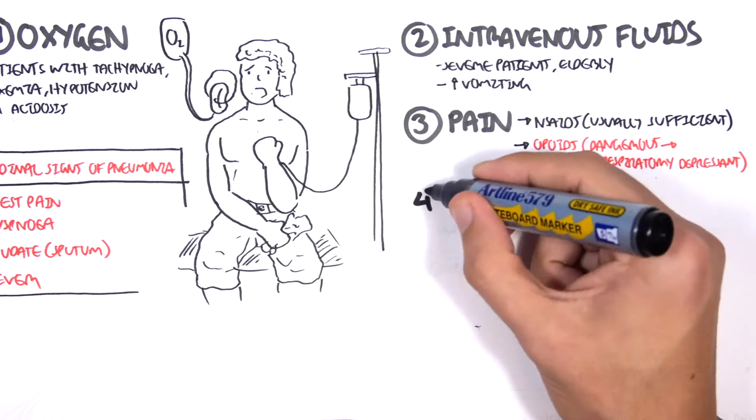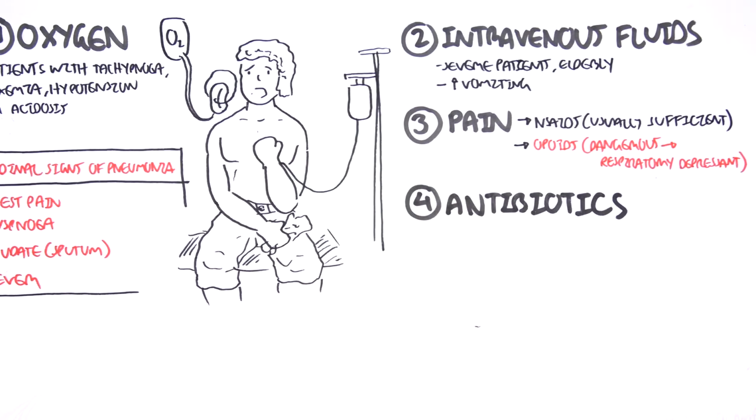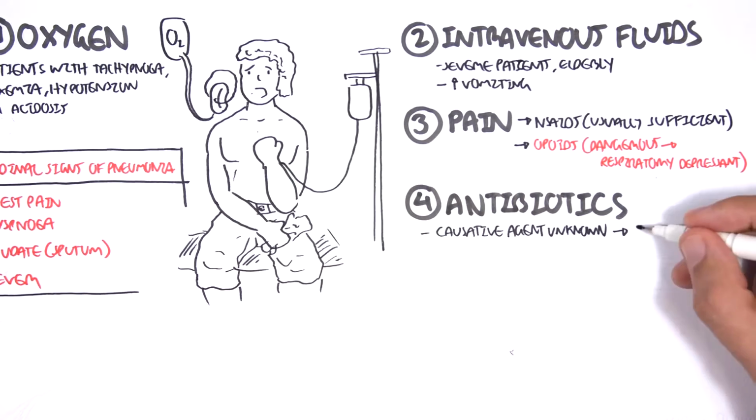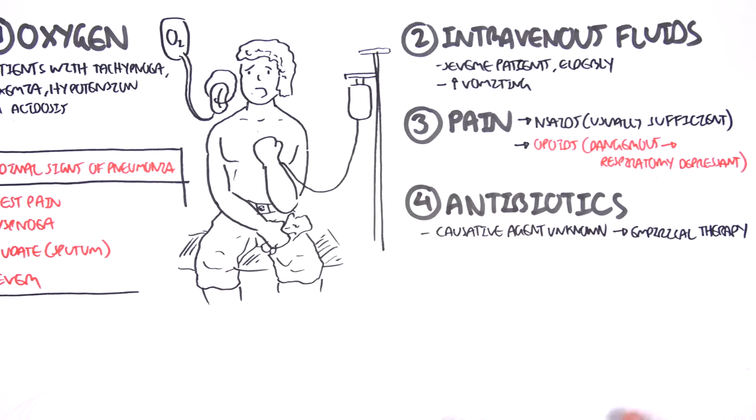4, use of antibiotics. So use of antibiotics can be complicated. Essentially, you don't know the causative agent, so you have to do empirical therapy. When performing empirical therapy, it's important to look at a few factors.